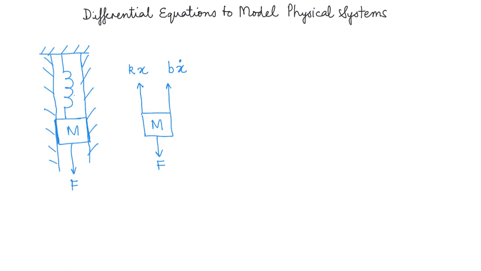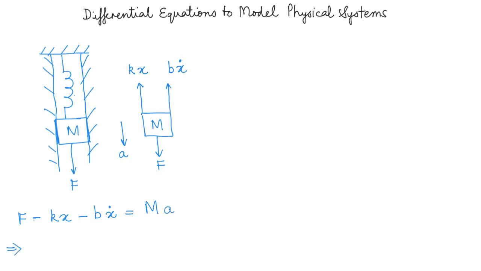So if we assume that this mass is moving with an acceleration a, then we can write the equation for this mass as F minus kx minus b x dot equal to mass into acceleration.